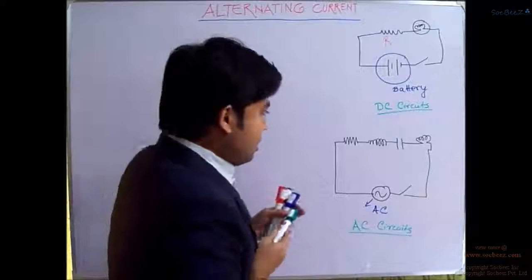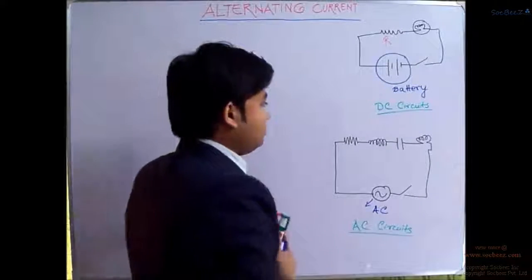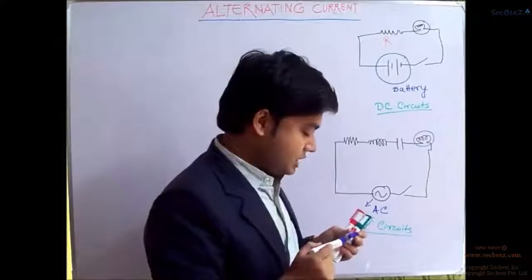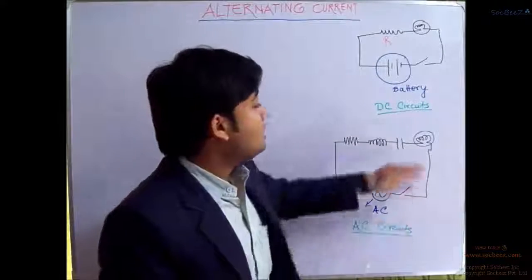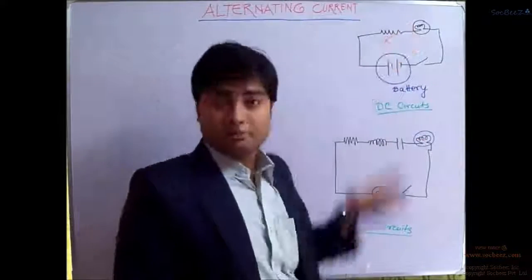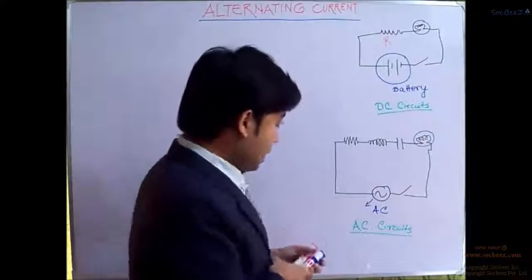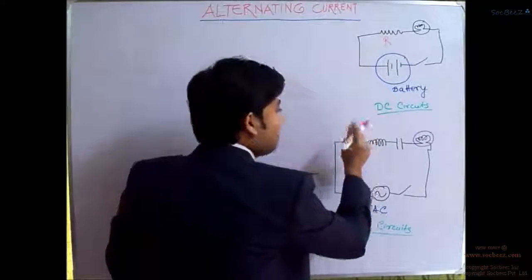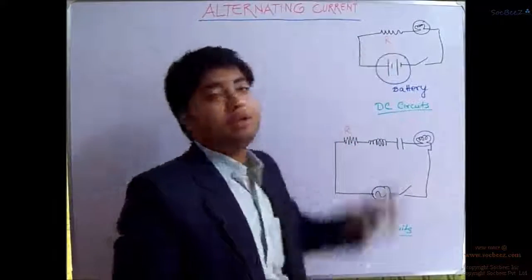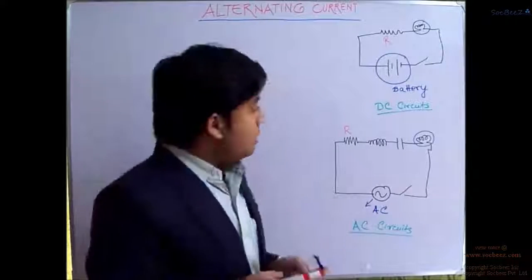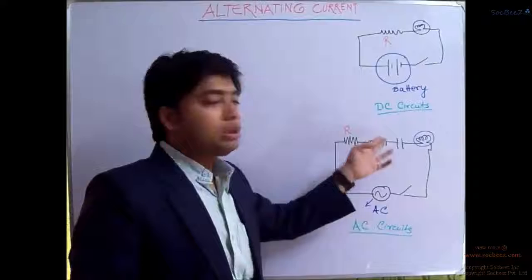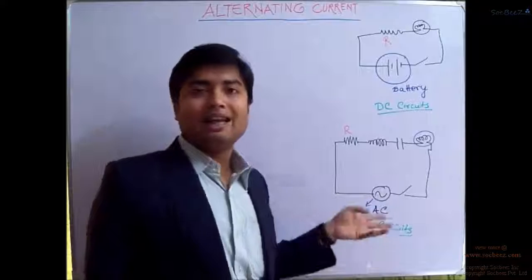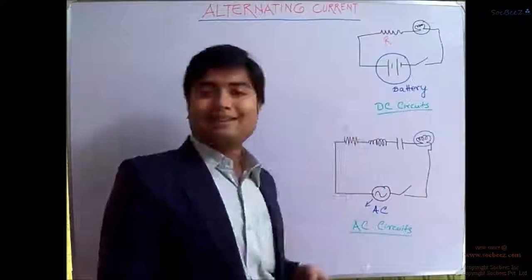Right? Now, we have seen the presence of the battery over here, the presence of the bulb, and also the presence of a resistance of R ohm over here as well as over here, right? But these two new things are in the concepts of AC circuits, but they are not in the DC circuits.